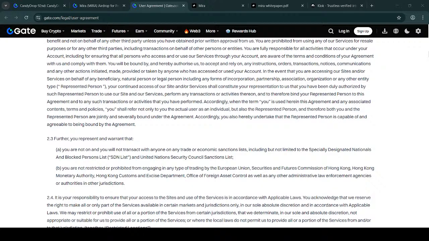If you continue to access our service, you represent that you have been duly authorized by the represented person to use the site and service platform for transaction activities, and therefore the represented person is bound by this agreement and any such transaction activity on the platform according to the terms of this use agreement and any associated content and terms of the policy. It shall apply not only to an authorized individual user but to the represented person, and therefore both you and the represented person are jointly and severally bound under this agreement.